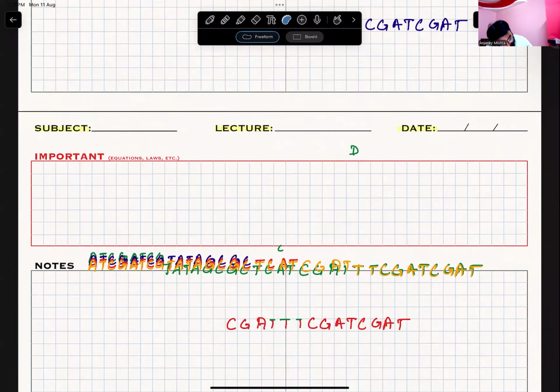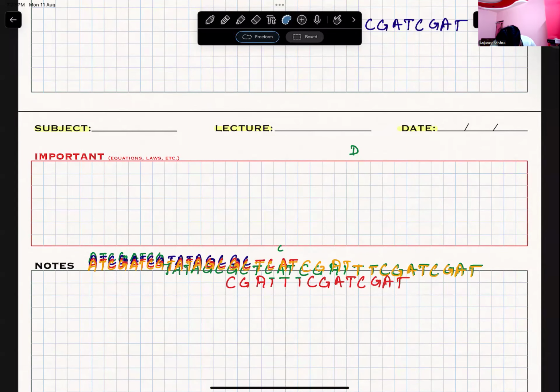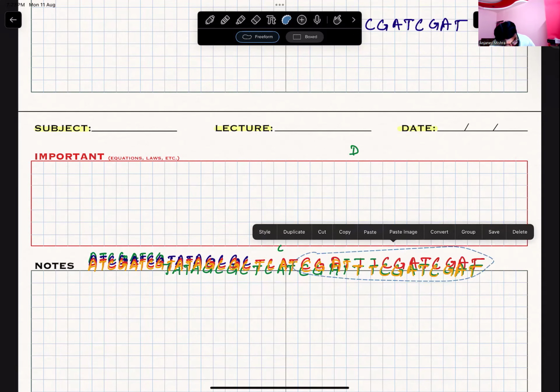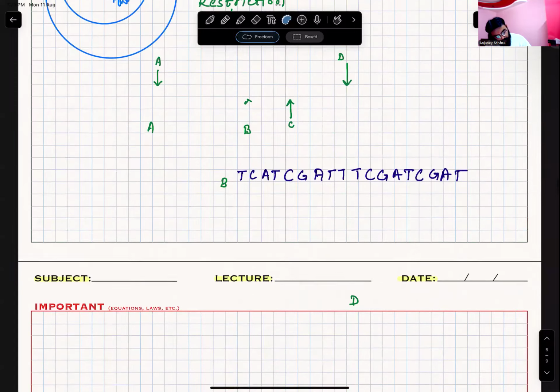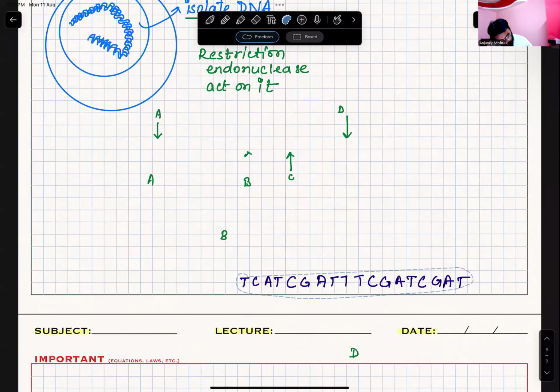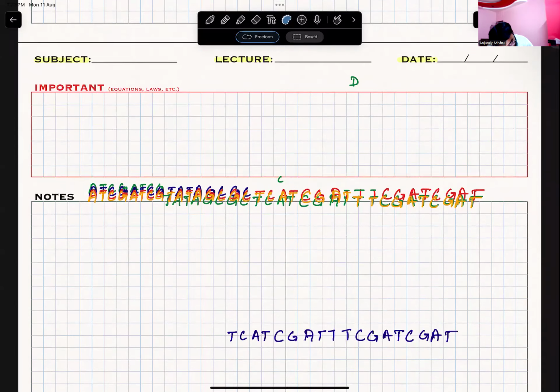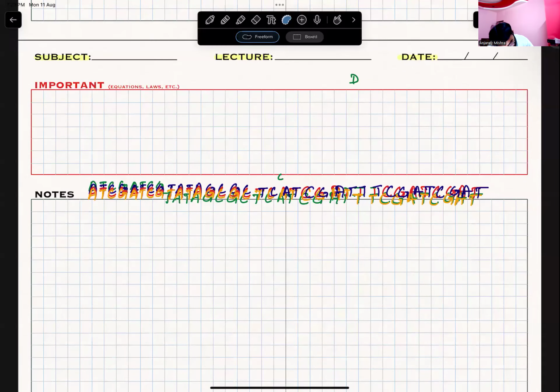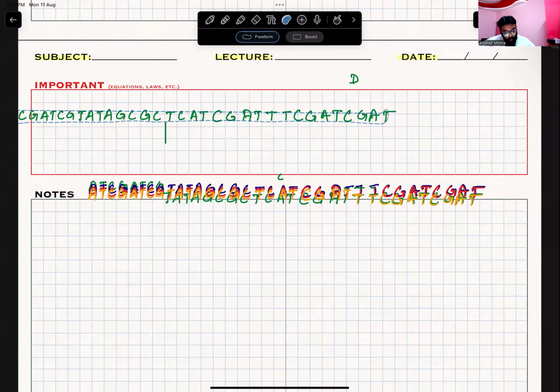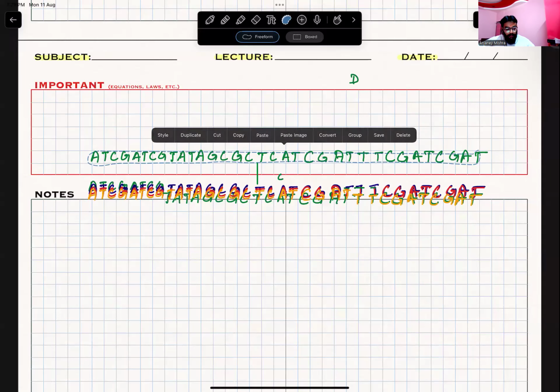This is really similar to CGA triple T over here, and this part. So what we have done is, based on the overlapping fragments, because they were overlapping in nature, we played the jigsaw puzzle and we were able to make this particular sequence, yes or no? Tell me that.